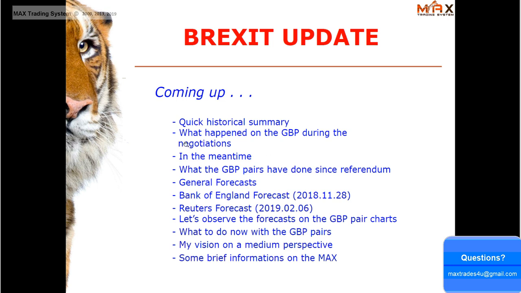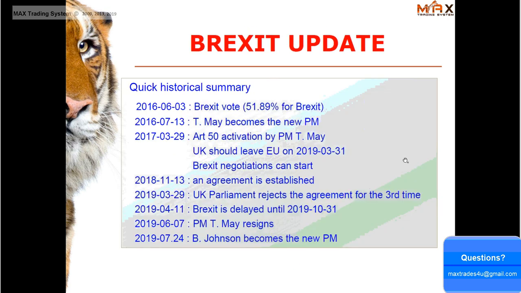I will not mention all the events we have lived since the referendum vote, but the key events, or what for me are the key events. Of course, we had on June 23rd, 2016 the Brexit vote, and I remember that 51.89% in the entire UK voted for the Brexit, of course with diverse results.